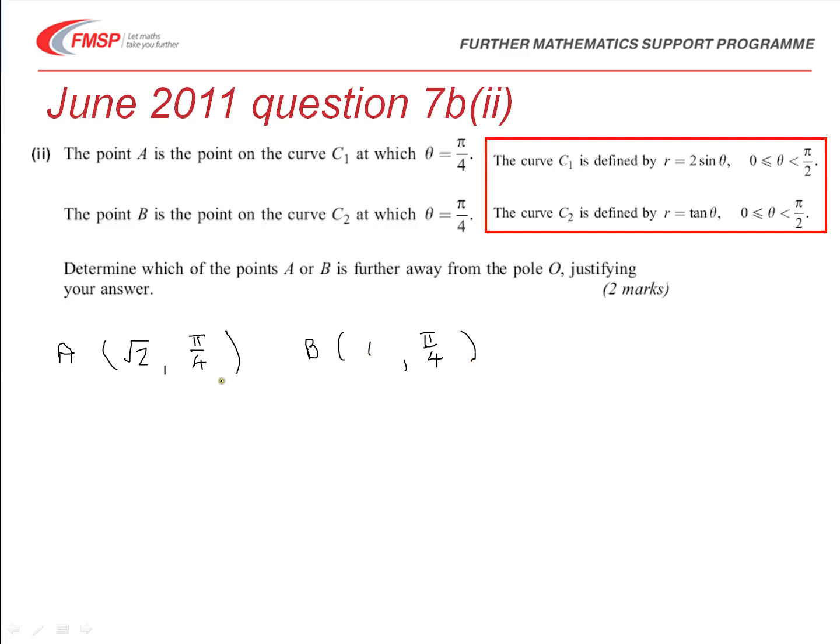Okay, now since they lie on the same line, the values of r will give you the distance from the origin, and you can see root 2 is bigger than 1. And if root 2 is bigger than 1, that must imply that A is furthest.